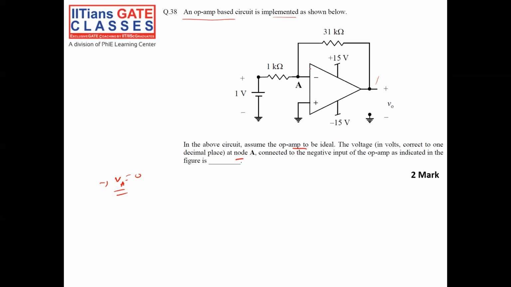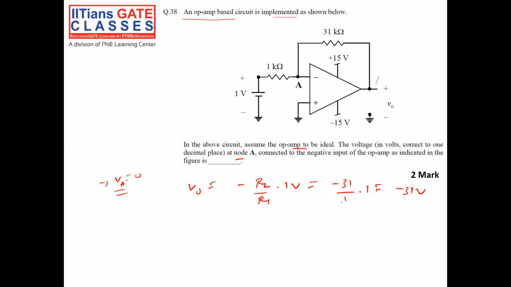When VA is equal to 0 because of negative feedback, what is my V output? V output is equal to minus R2 by R1 into 1 volt, which is nothing but minus 31 by 1 kilo into 1 volt, equal to minus 31 volt.